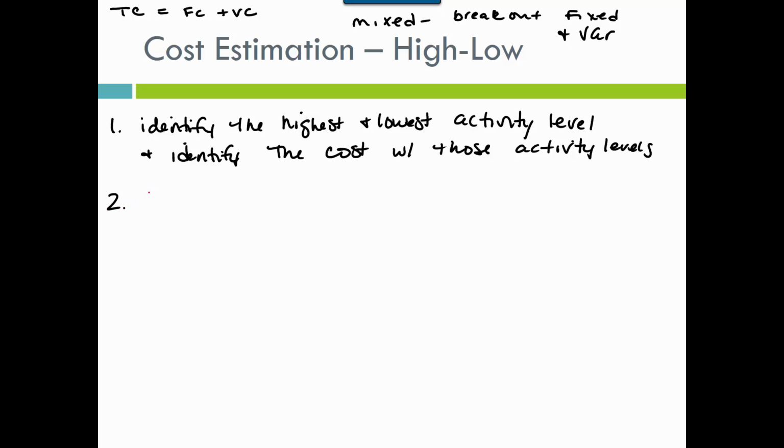The second step then is to calculate the variable cost per unit. And we do that by looking at the change in the total cost divided by the change in the activity, or I'll say the volume.